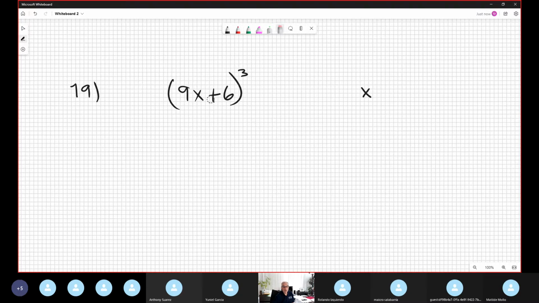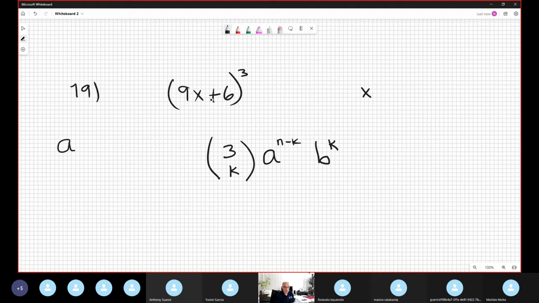Then here comes the formula of Newton. Newton says the combinatorial number n choose k, a to the n minus k, b to the k. But in our example n is 3. K, I have no idea, because the only information they give is the exponent.